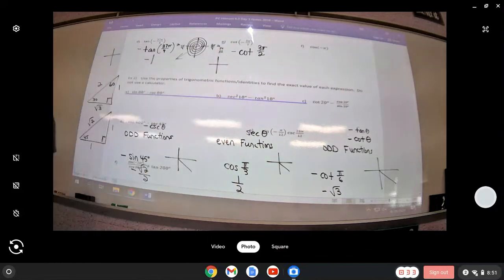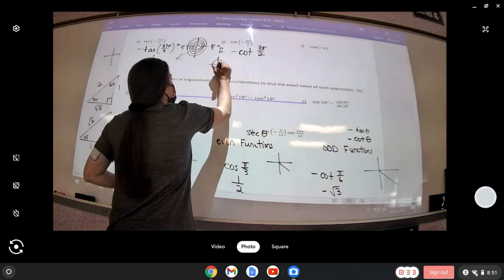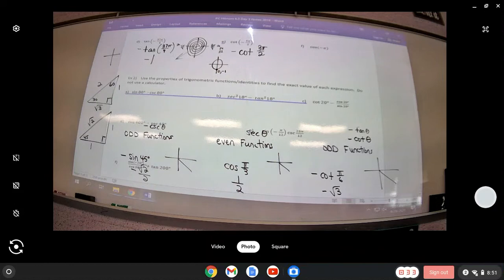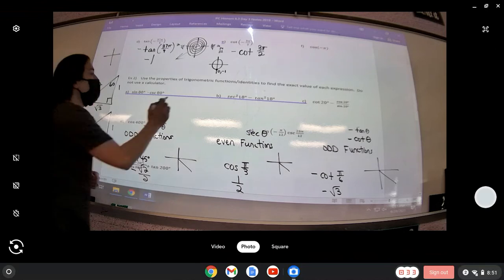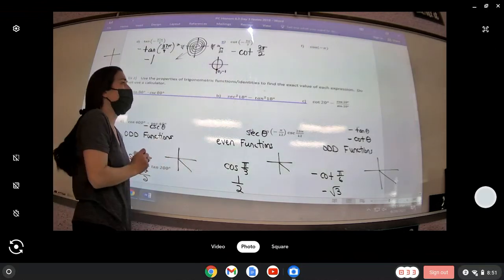These are ones that I definitely use my unit circle for because it's quadrantal. The property says the cotangent of negative 3 pi over 2 will be the opposite of whatever the cotangent of just 3 pi over 2 was. So here's 3 pi over 2 sitting at the ordered pair (0, negative 1), right?